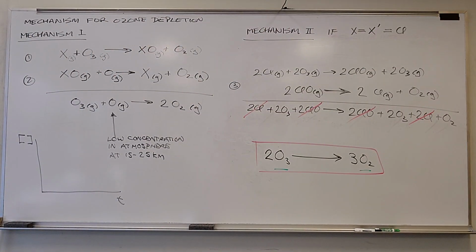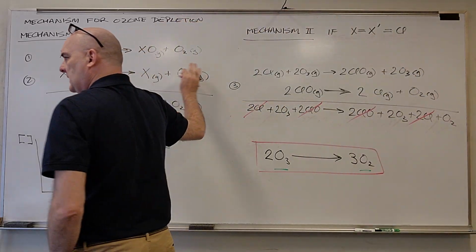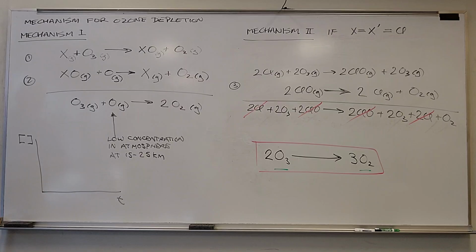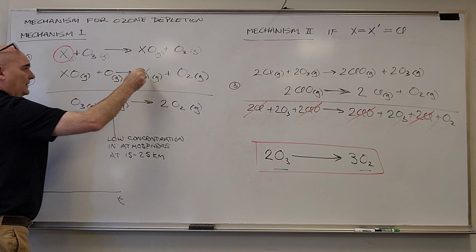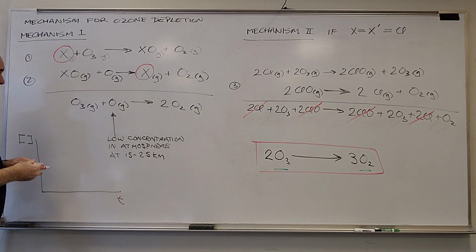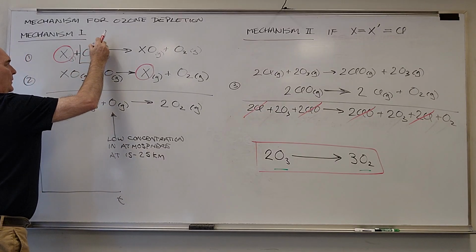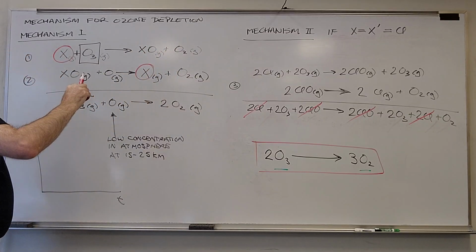And I'm going to label 3 things. This mechanism's a little bit easier than that one, but what I'm about to say is applicable to all of them. I'm going to label X in red. I'm going to label ozone in black.